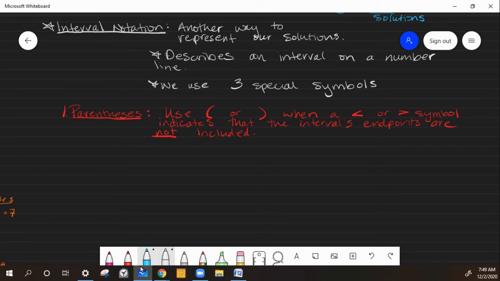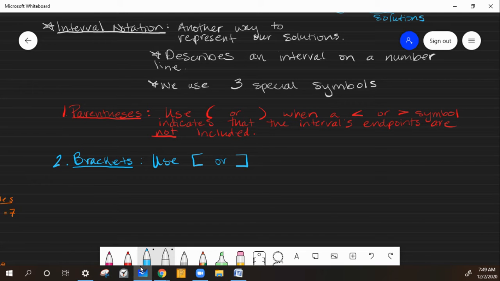The second special symbol is brackets. You may have seen brackets in PEMDAS. I think Mrs. Lippert used brackets a lot, so if you were in her class last year, you would have seen brackets. This is what a bracket looks like. We use a bracket, an open bracket or a closed bracket.